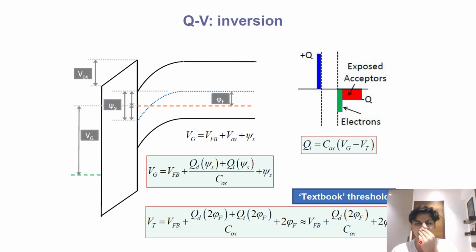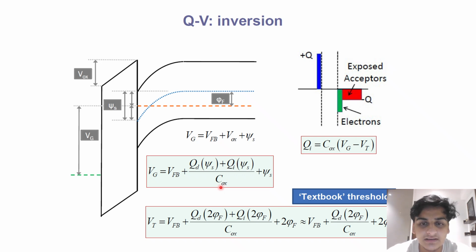Now, these both come together and act across this capacitance, which gives us this formula: Vg is the flat band voltage plus what went across the oxide plus what went across the semiconductor. What went across the oxide can be written as the charge due to depletion plus the charge due to inversion upon the oxide capacitance.